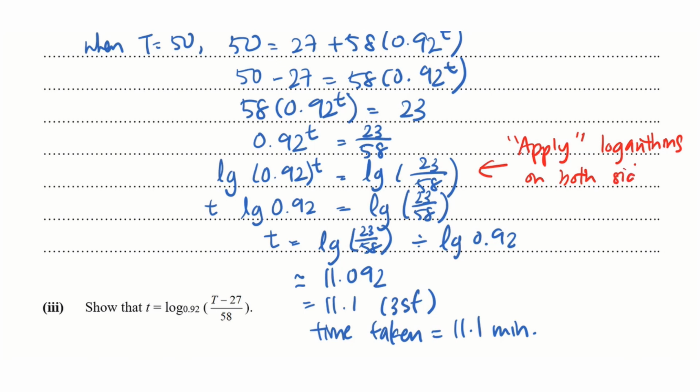You notice that I took the common log. You can use any kind of logarithm base. If you want to use base 2, also fine, just that your calculation later on will be slightly more complicated. We want to make use of our calculator at the end, where at this step we use the calculator.